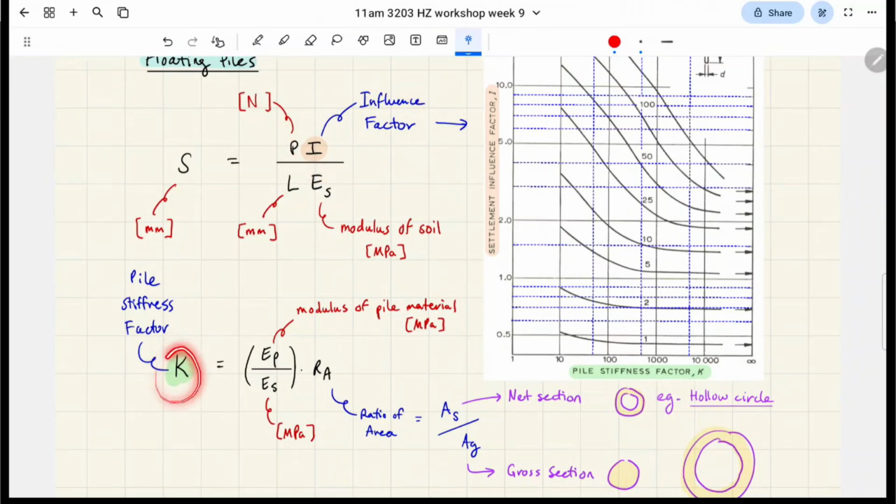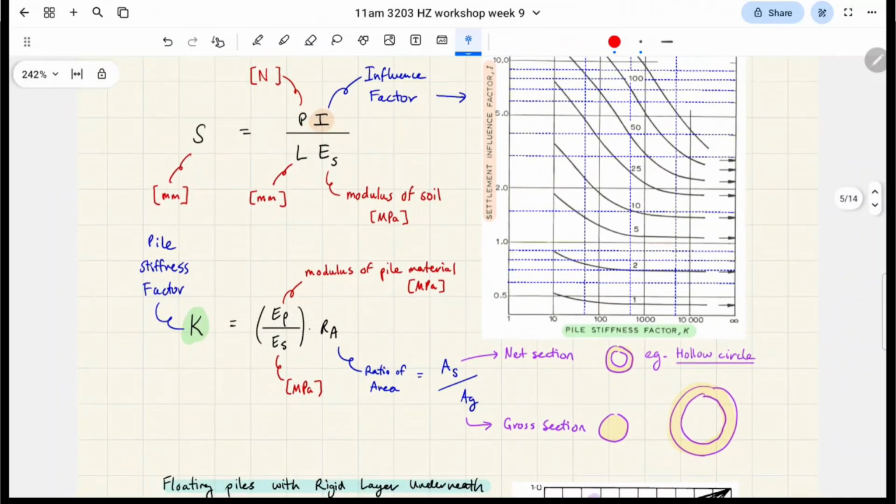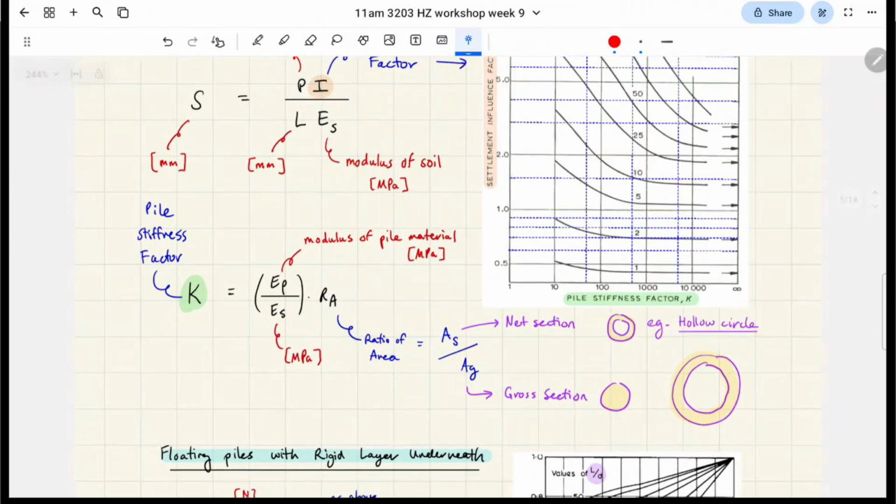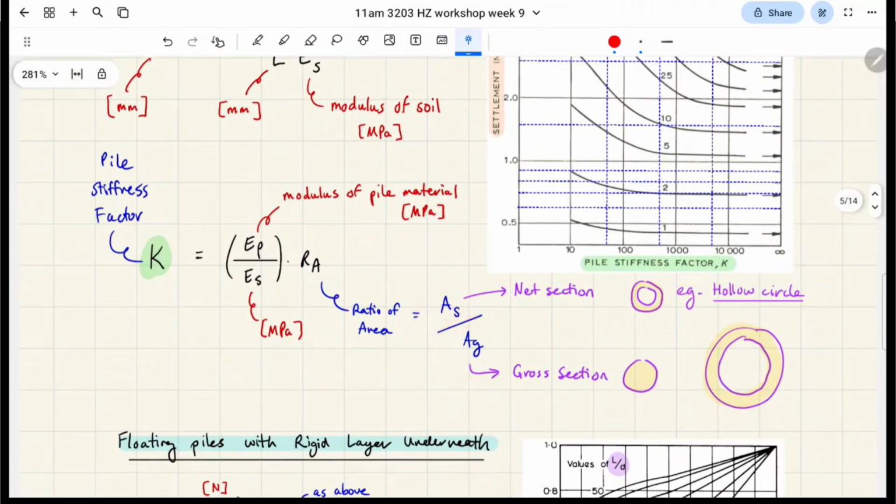The first is your pile stiffness factor, which is equal to this. So it's a ratio of the modulus of the pile material, so that's usually reinforced concrete, divided by the modulus of the soil, right? Then you have to multiply it by something called RA. And RA is a ratio of area, okay? Which is the net section divided by the gross section.